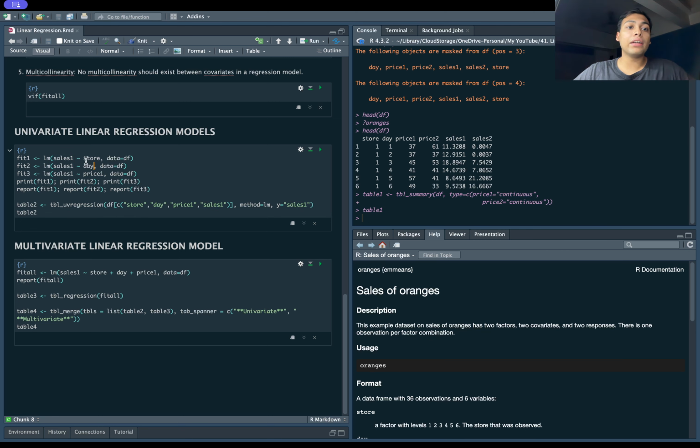So the first model, we're going to fit just the store, and we are going to see whether the store actually makes a difference in the sales.